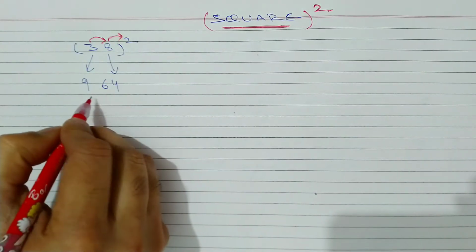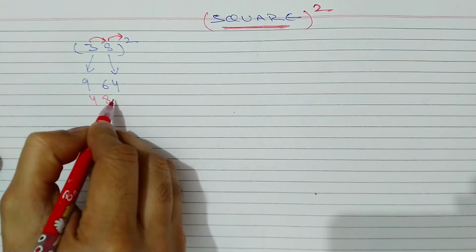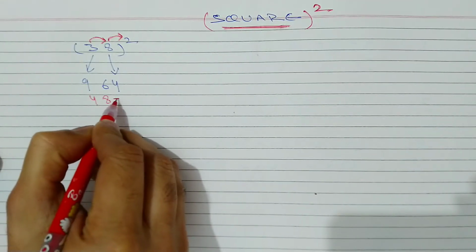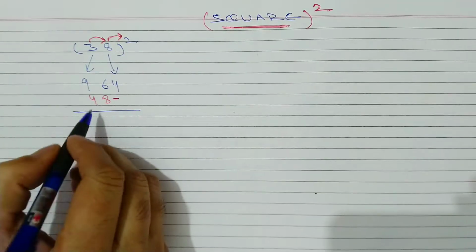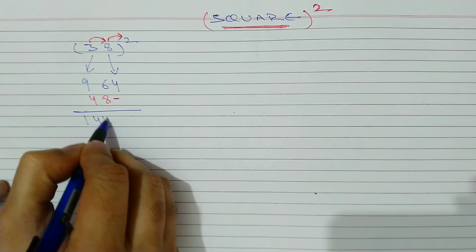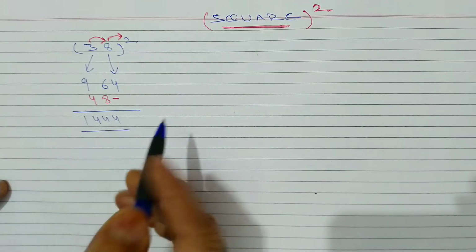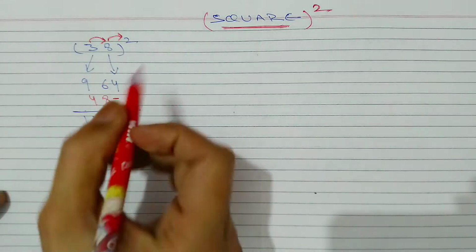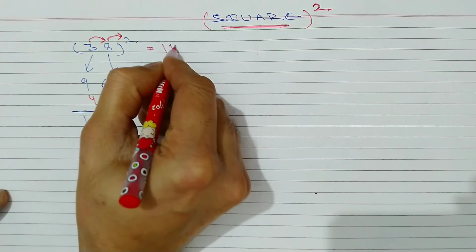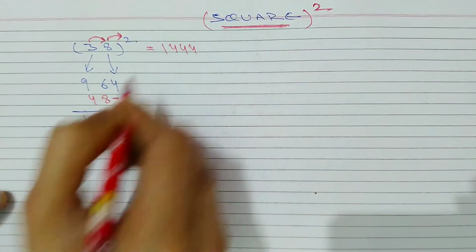So write 48 over here. Leave one digit from the right-hand side. We get 1444. So the square of 38 is 1444.